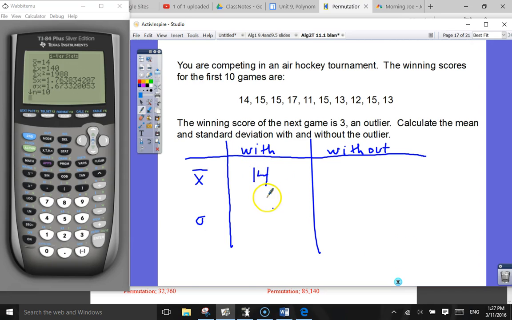And the standard deviation, oh, that was in the wrong column. Back to this. The mean was 14, and the standard deviation was 1.67. Stat, edit. What's in there?